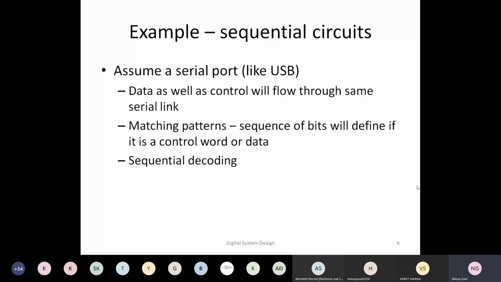You can connect your mobile phone and n number of devices: your printer, your scanner, everything can be connected using USB. How will the USB device know whether it's a printer, scanner, or a keyboard? It will only transmit one bit at a time because it's a serial interface. There are only two pins which can transmit one bit at one time.